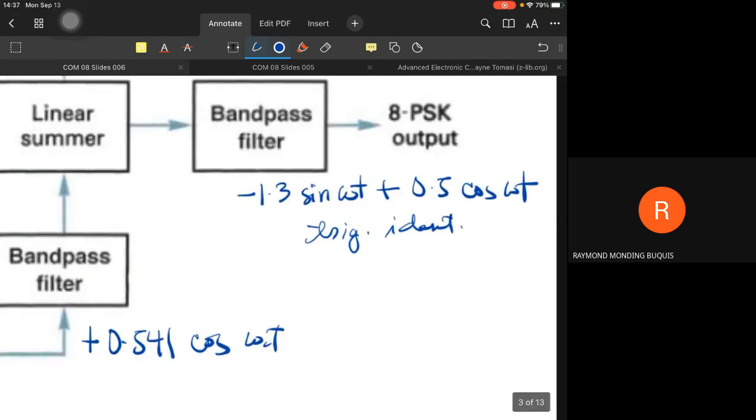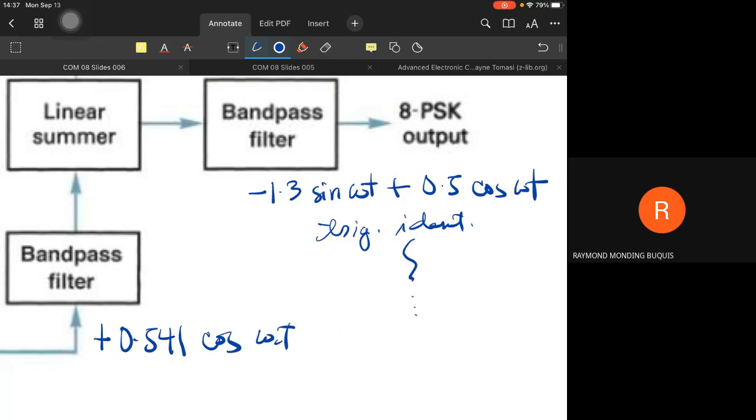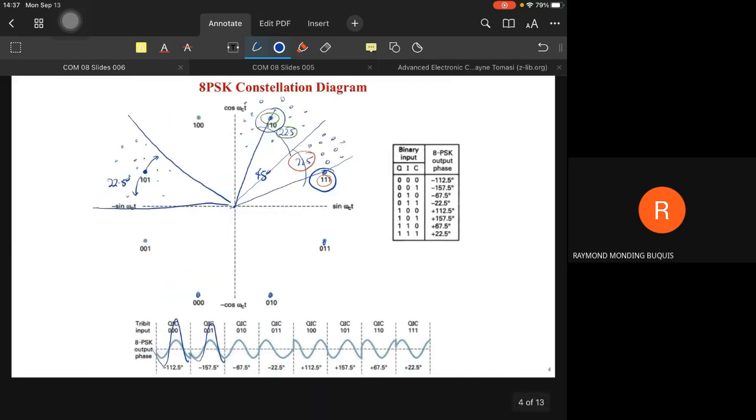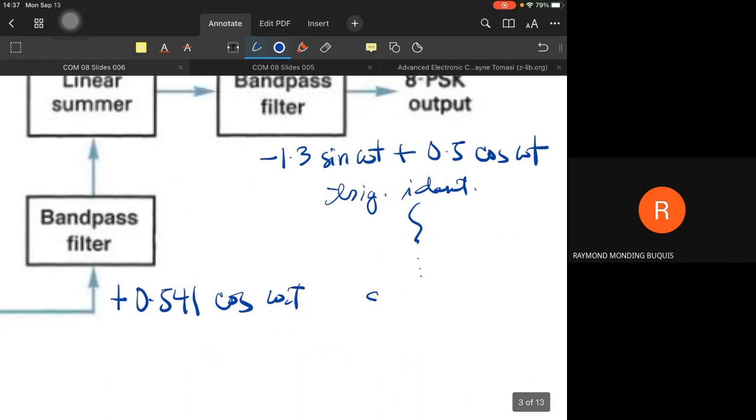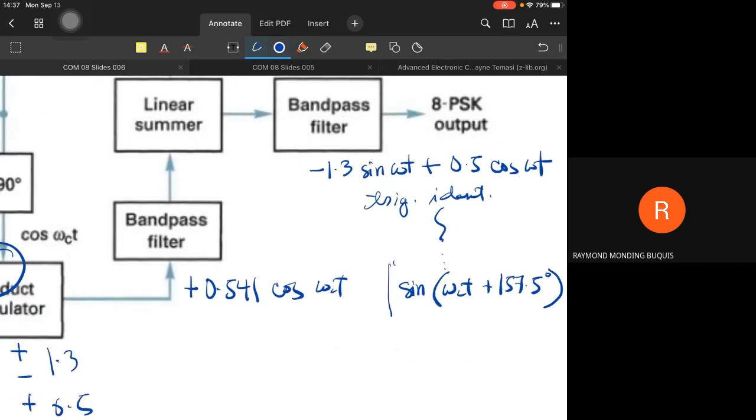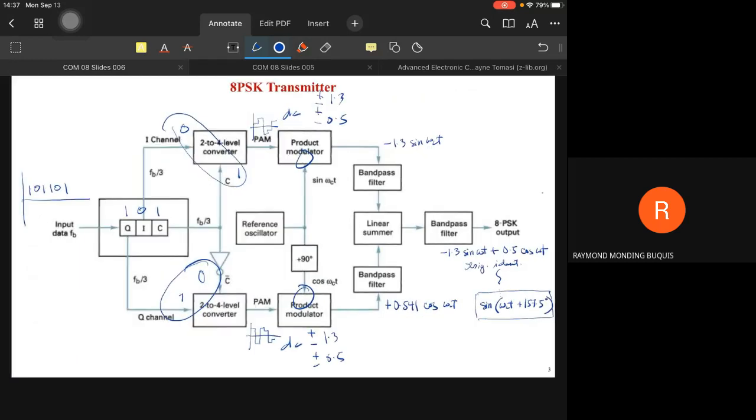So if nagamit ang trigonometric identities, ang may tabuan ni pila to? 157. So may tabo diri is sine omega ct plus 157.5 degrees. Yan na. So this would correspond as 101 based atong given, diba?